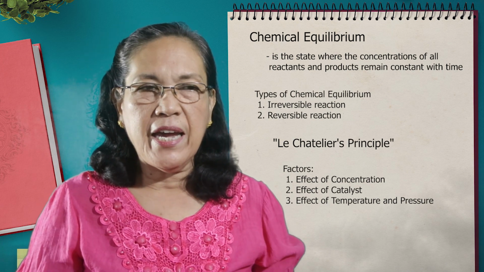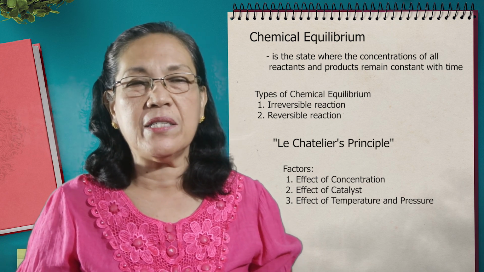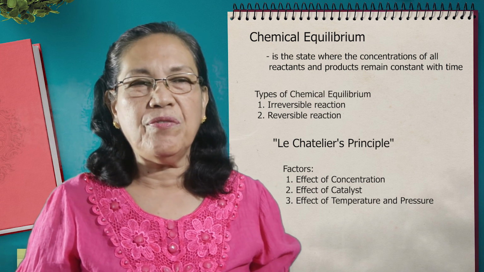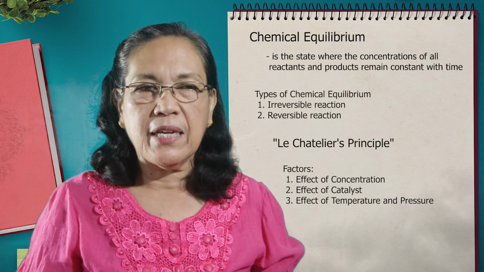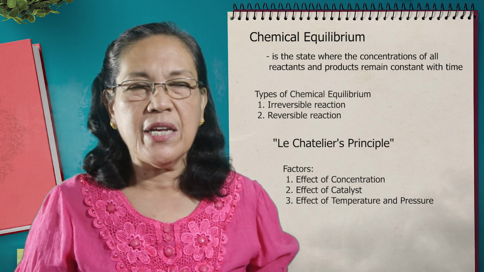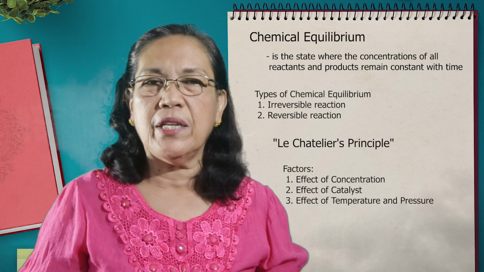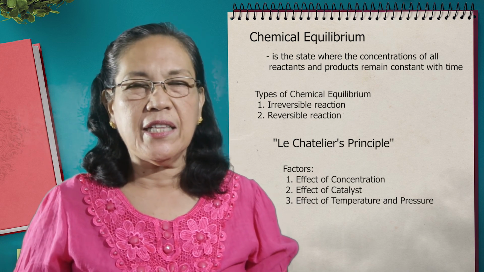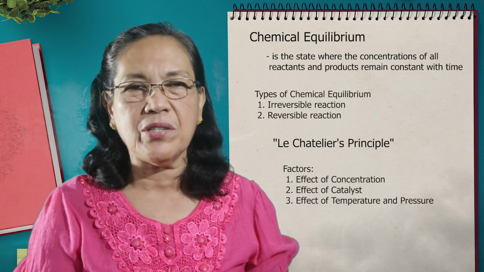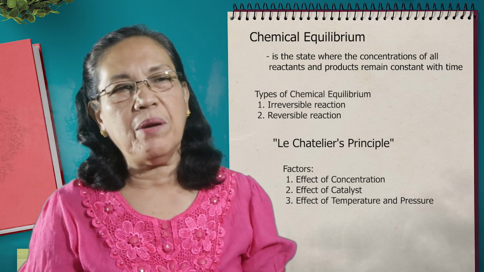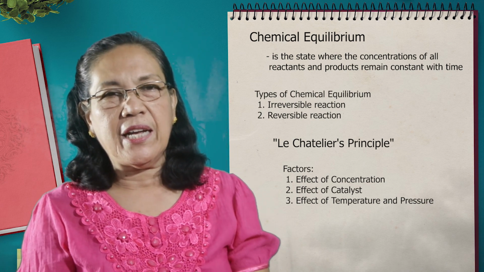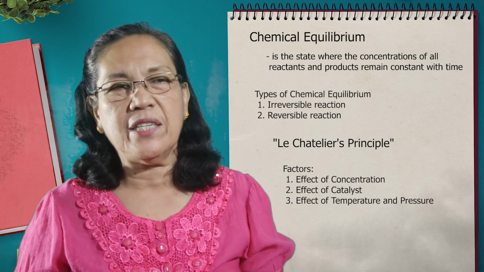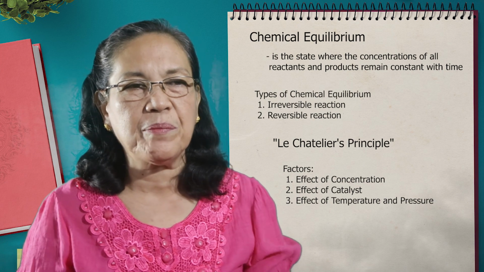So in the case wherein the reaction given is hydrogen chloride reacted with oxygen to form water and chlorine gas, presuming that these are all gases, or a homogeneous reaction, in the sense that the hydrogen chloride is a gas, the oxygen is a gas, forming also the products water in a gaseous state and the chlorine in the gaseous state. Thus, this is considered a homogeneous reaction.